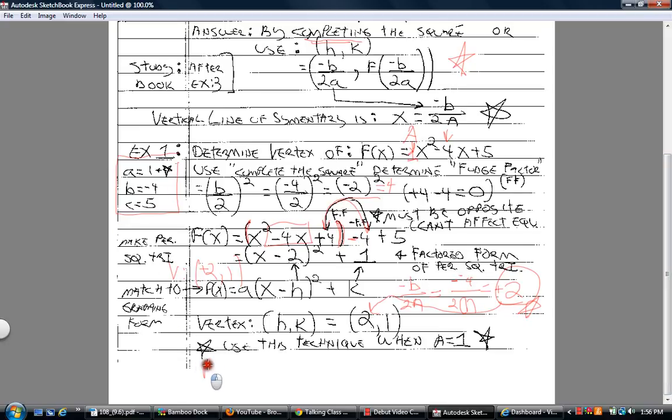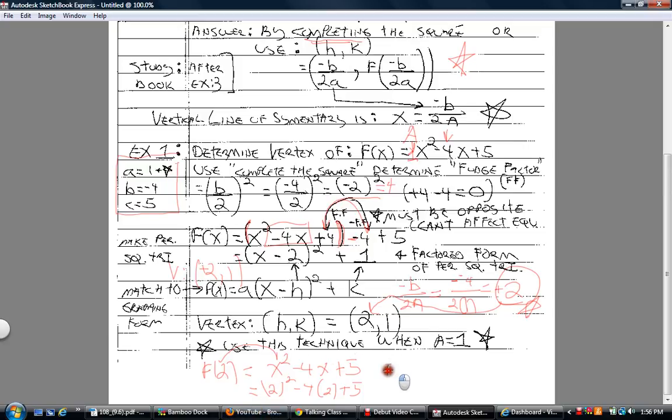We are now going to say, what's f of 2? We're going to go back to the equation, which is x squared minus 4x plus 5. We're going to substitute 2 in. So here we go. 2 squared minus 4 times 2 plus 5. Okay, bear with me, class.